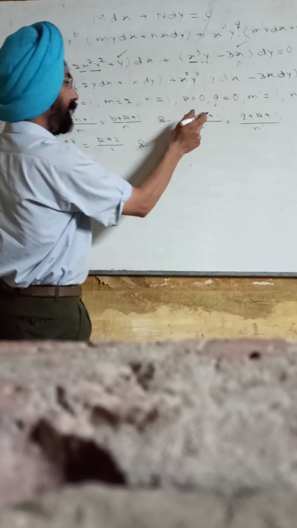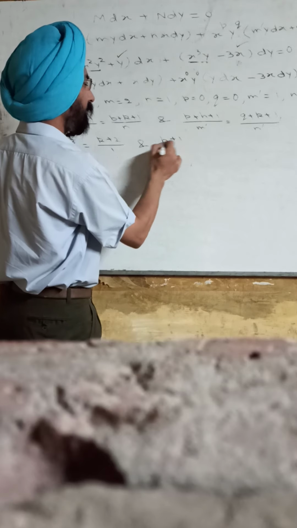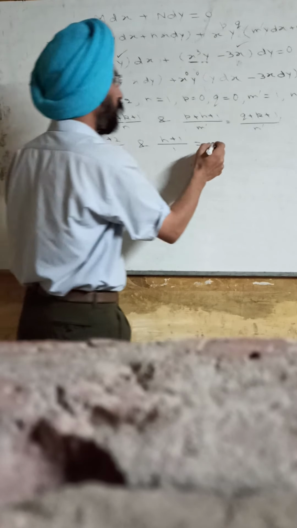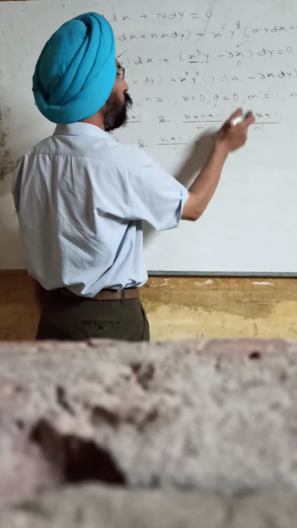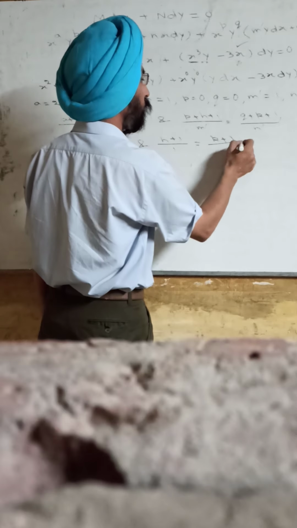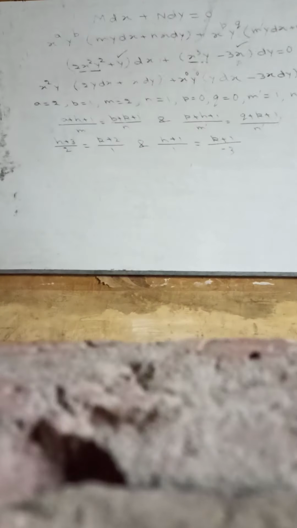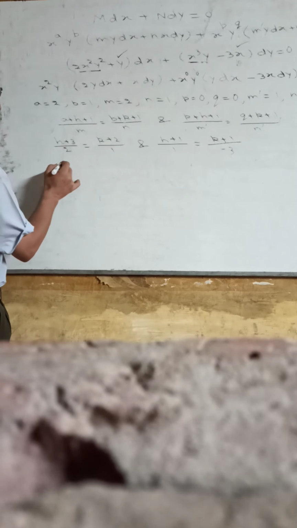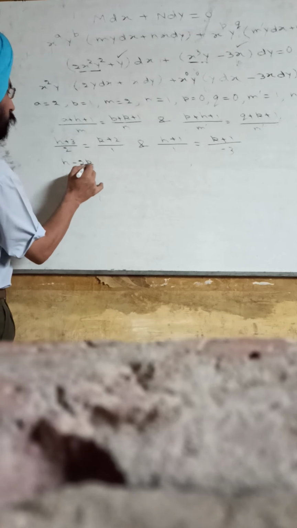And h plus p, p is 0, so 0 plus 1 is 1 over m dash, so m dash is 1, is equal to k plus q plus 1, q is 0, so 0 plus 1 is 1 over n dash, which is minus 3.